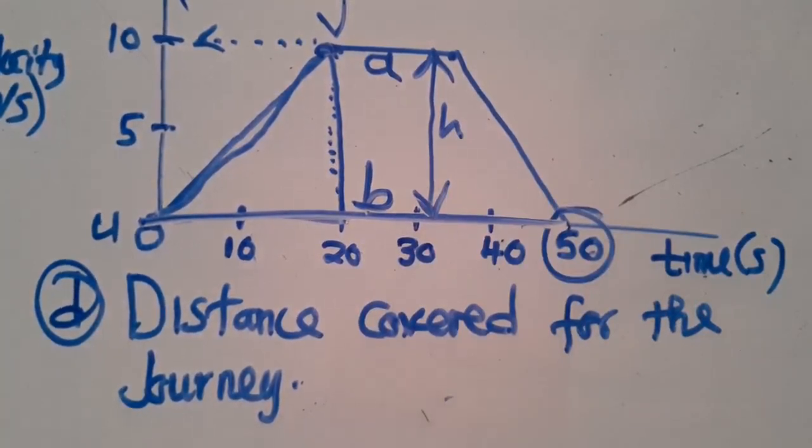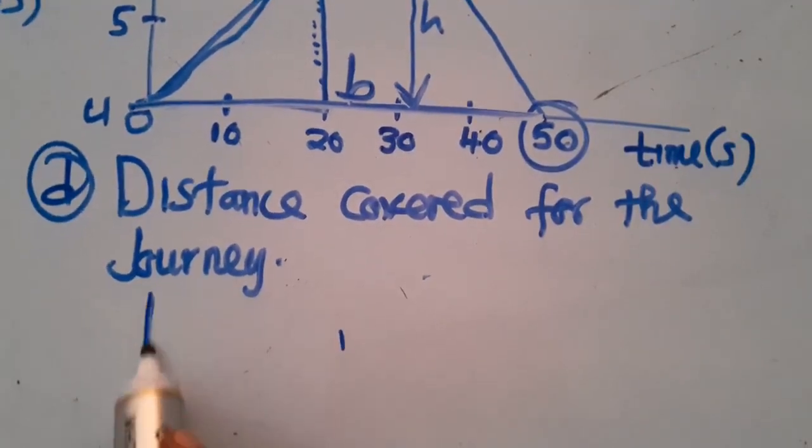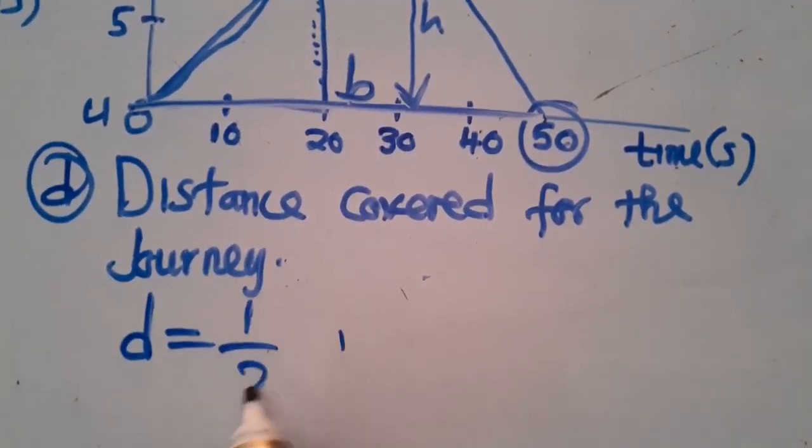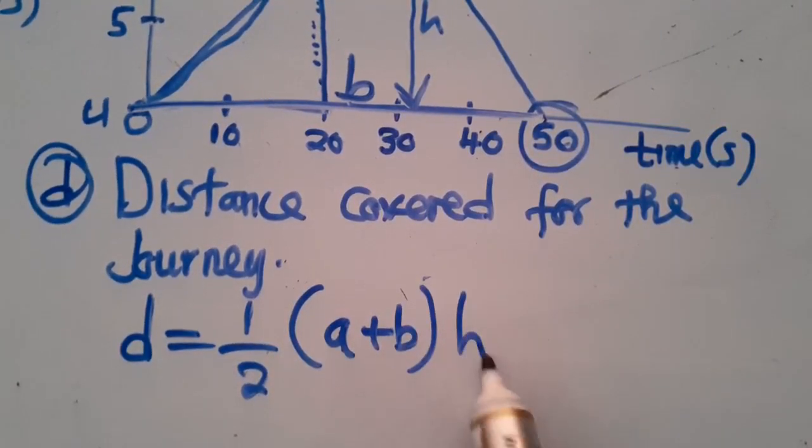What's the formula of a trapezium? I know that it is half A plus B, then H. This is the formula that I'm going to use.